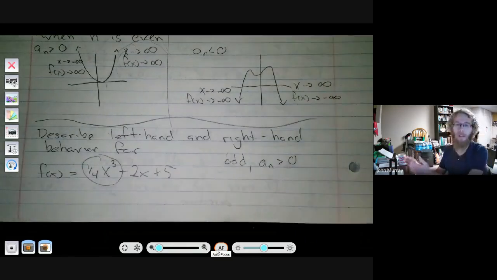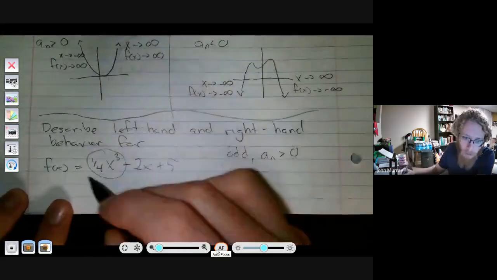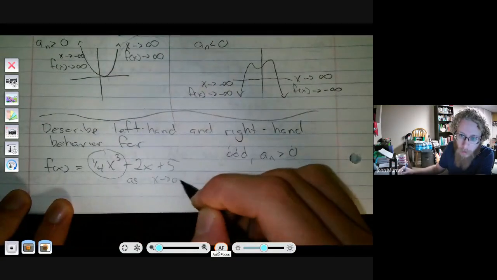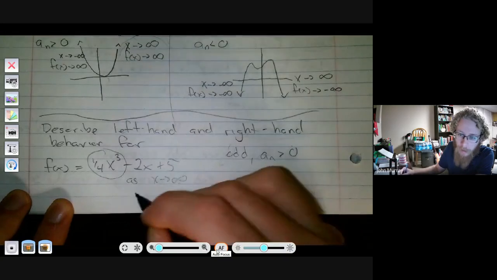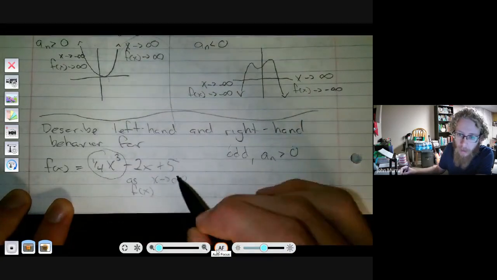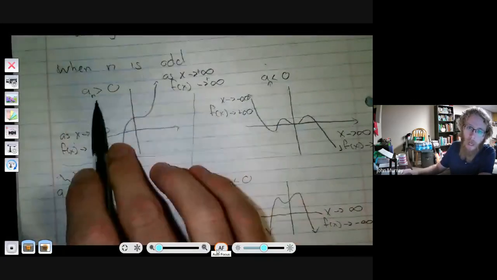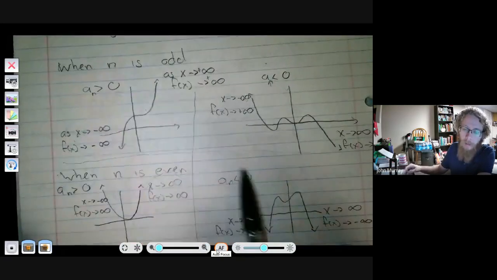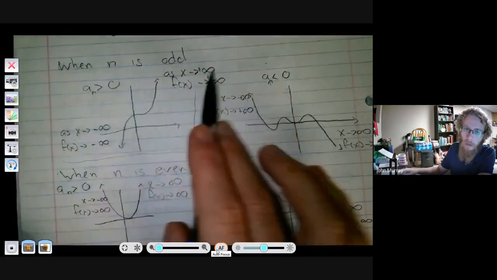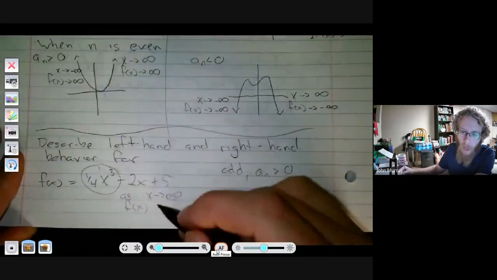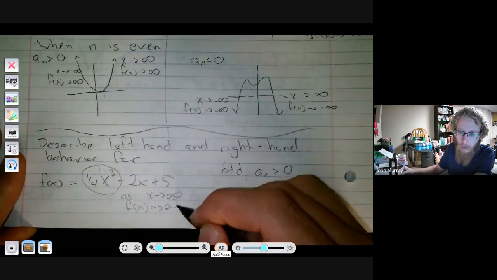So your answer would be, as x approaches infinity, so as we're going to the right, this is our situation here. n is odd and the leading coefficient is positive. So you're literally just going to copy this down. As x approaches infinity, f of x approaches infinity.